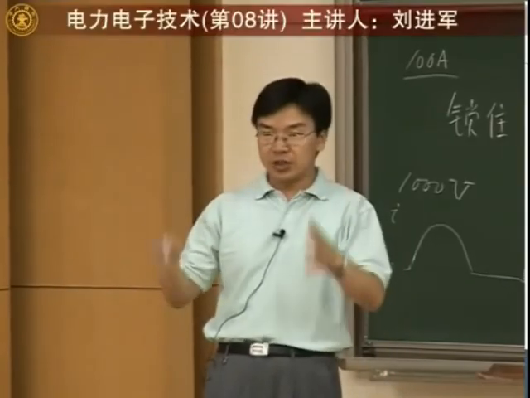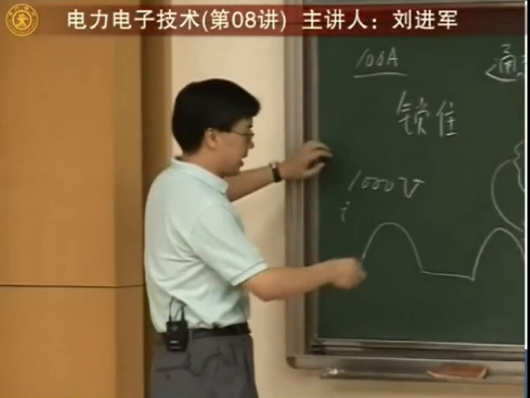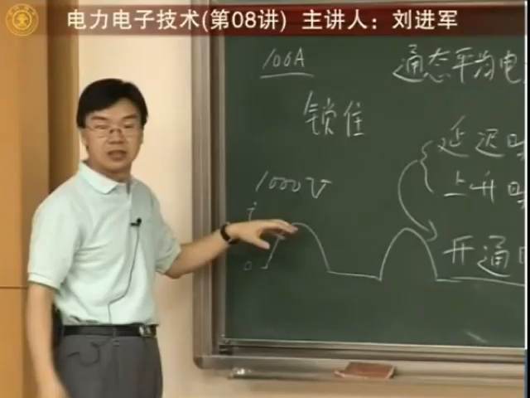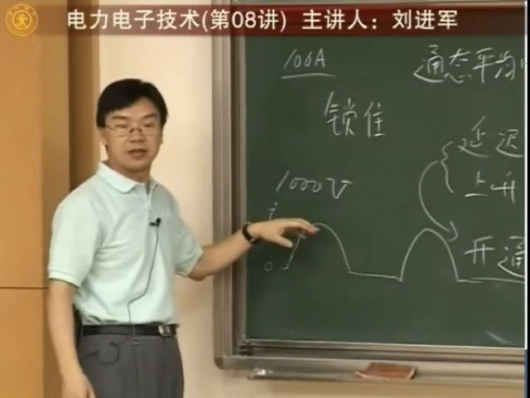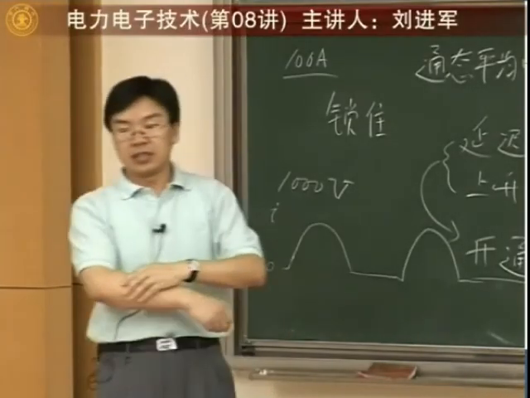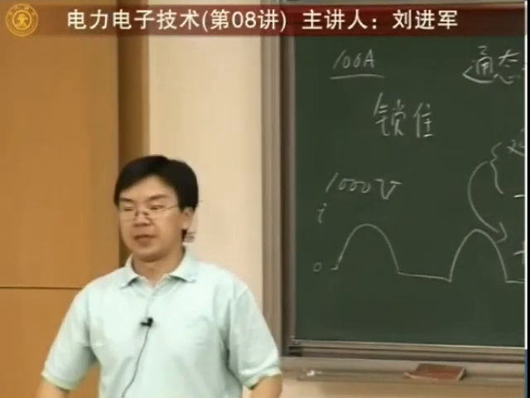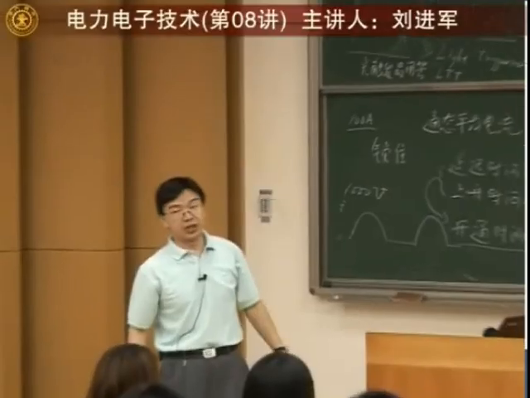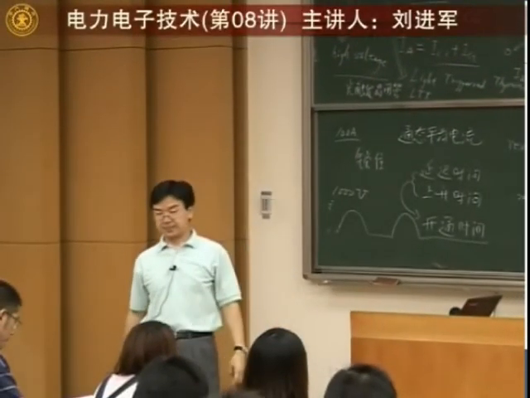Okay. Under this situation, the maximum average current that this thyristor can sustain is called average on-state current.